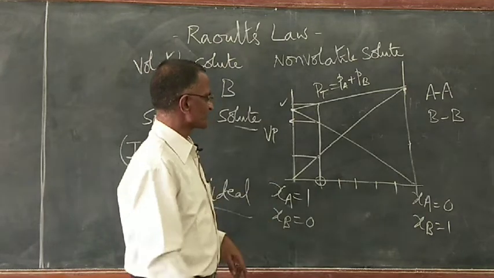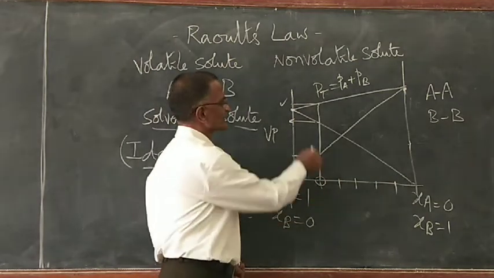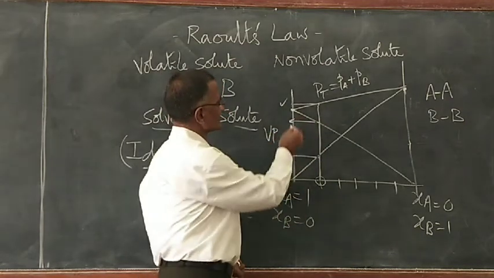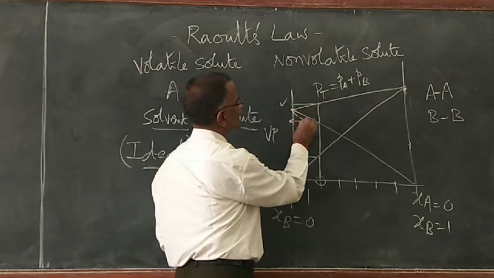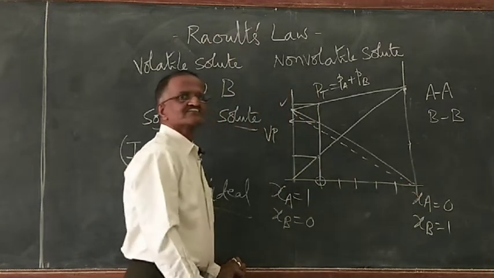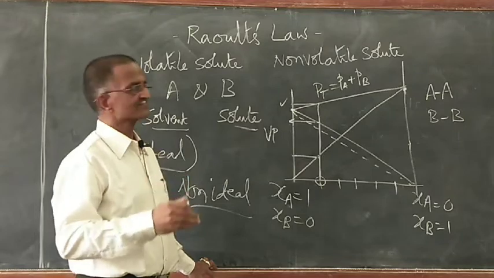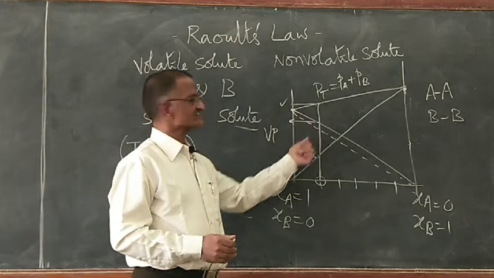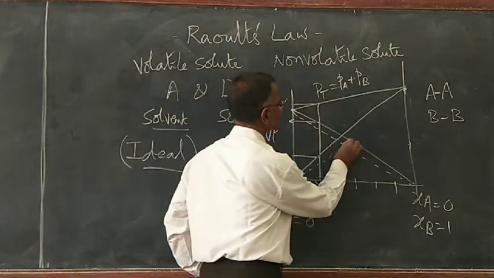In which case what will happen? This contribution which I expect will not be there. Because of A, how much I expect will not be there. This is what is expected under ideal conditions. And because of stronger attractions, the attractive forces that have increased between particles have lowered the vapor pressure. More particles could not go into the gas phase.